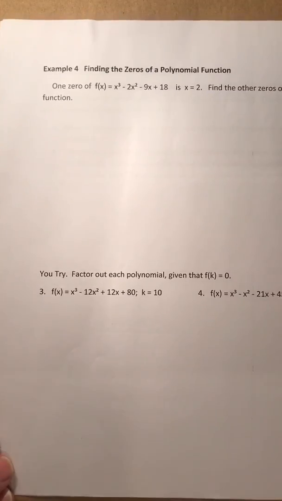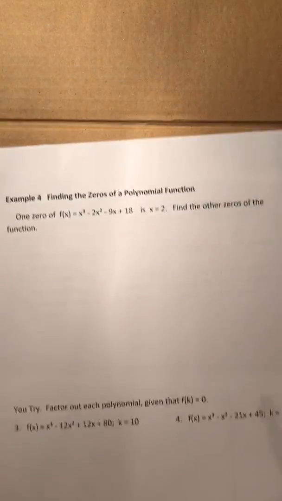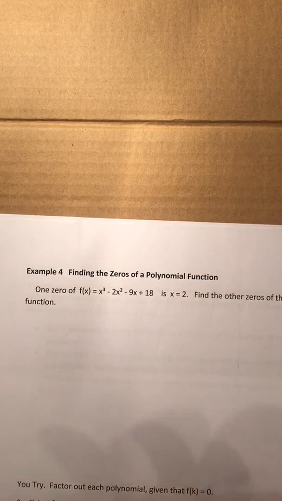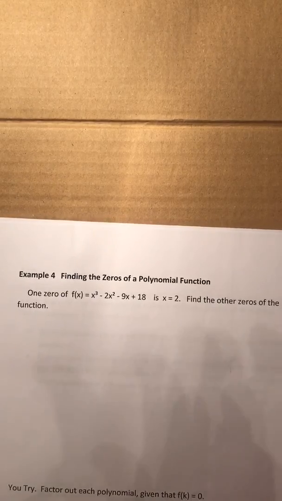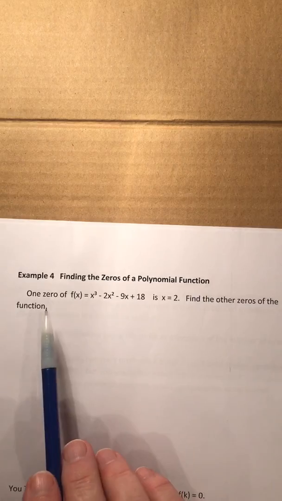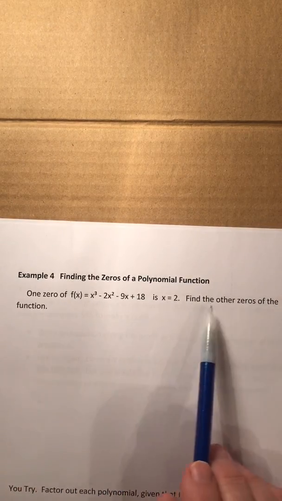Then we can go to our next to the last page of notes. This is finding the zeros of a polynomial. They're giving you one zero at x equals 2, and they want you to find the other zeros.